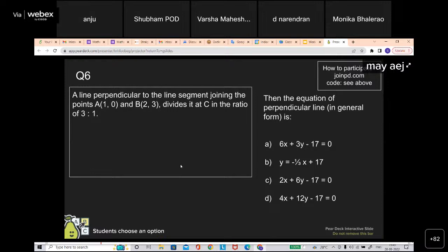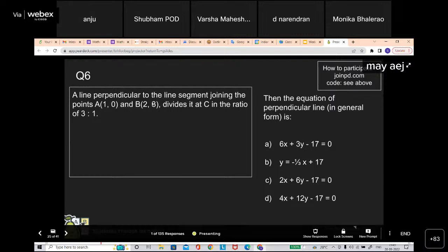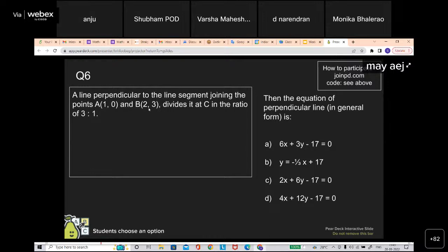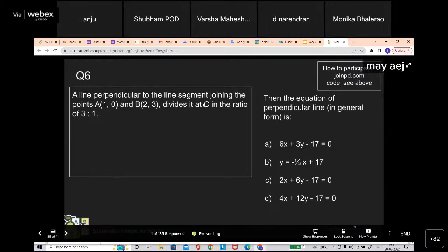So this question is: a line perpendicular to the line segment joining the points A (1, 0) and B (2, 3) divides it. If you join these 2 points, a line perpendicular to the segment intersects it at point C in the ratio of 3:1.